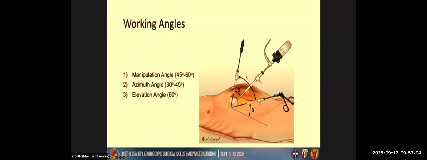And the elevation angle is the angle between the instrument and the horizontal plane, which should match the manipulation angle, ideally around 60 degrees. With all these angles, instruments move freely without clashing and allow precise tissue handling. This ensures that instruments are always working within the visual field and along predictable trajectories.